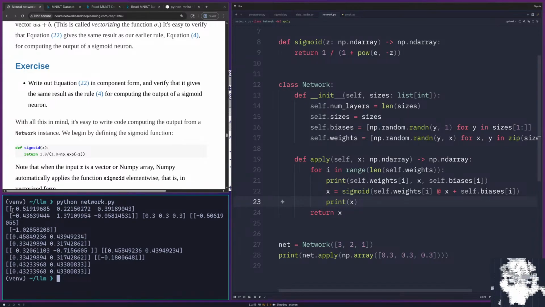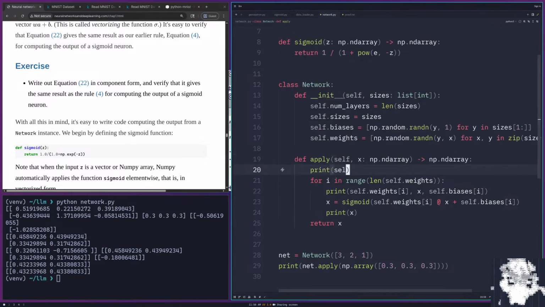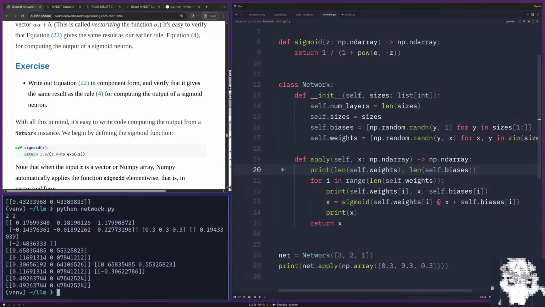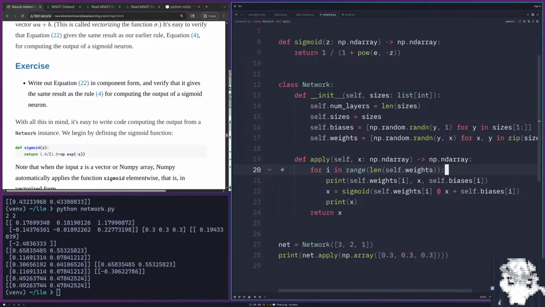So weights is a 2x3. Hold on. Print len of self.weights and len of self.biases. 2 and 2. That makes sense.